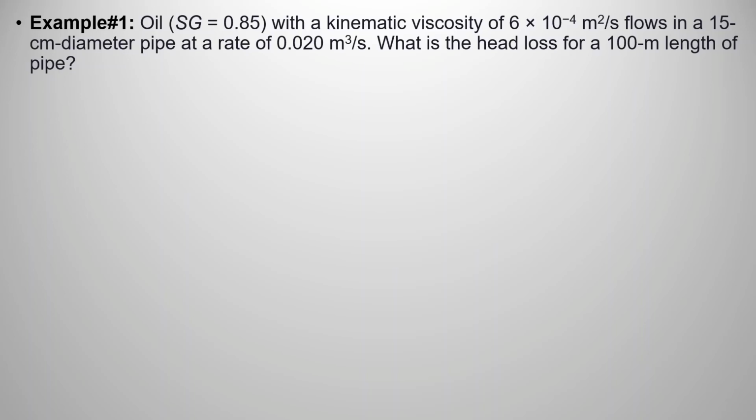Perfect. So the first thing that I'm going to do, because I have flow rates over here, is to calculate average velocity. And average velocity, or V, is simply Q, or flow rate, divided by area.